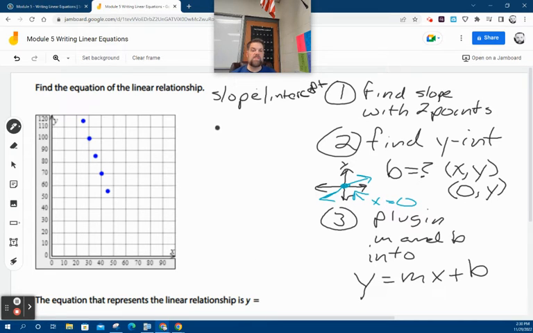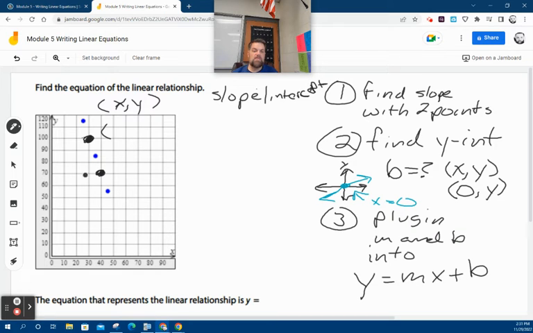So now on problem number 6 from your homework, they don't give us the points, but they give us a graph. But I noticed that this point here crosses on the grid. Do you know what I mean when I say crosses on the grid? It crosses where the x lines and the y lines cross, right? It's in the crosshairs. This one also crosses on the grid. Well, what is this point?